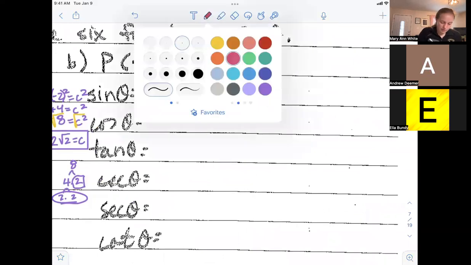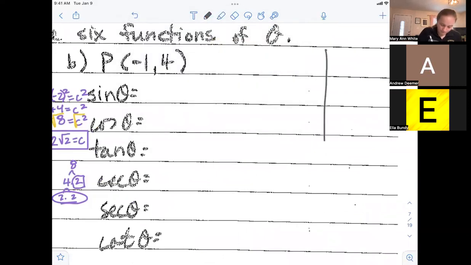All right, so let's go draw this picture. -1, +4 is over here. Oh, that's a really skinny triangle. Oh, well.